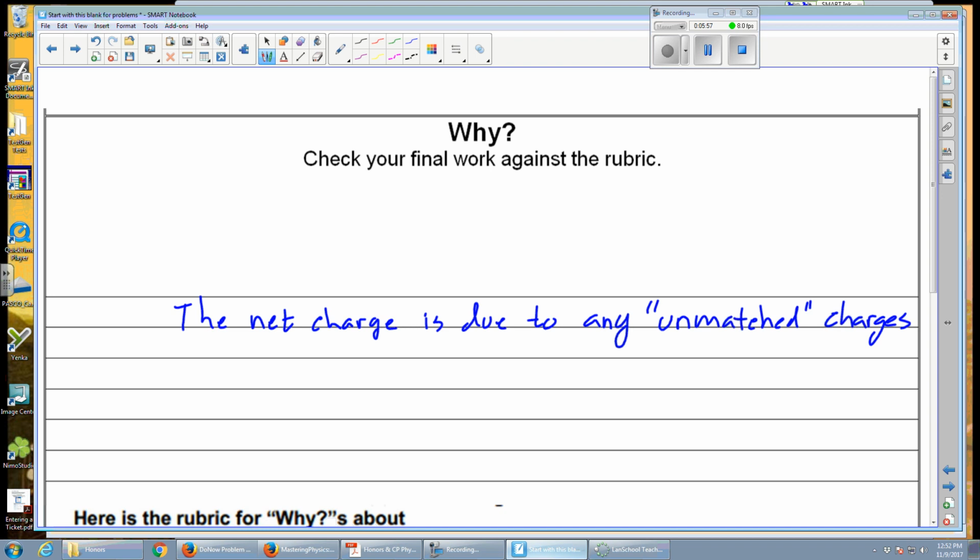Right? Because they're saying net implies that you combined all of them and you're only looking at the ones that don't cancel out in one way.